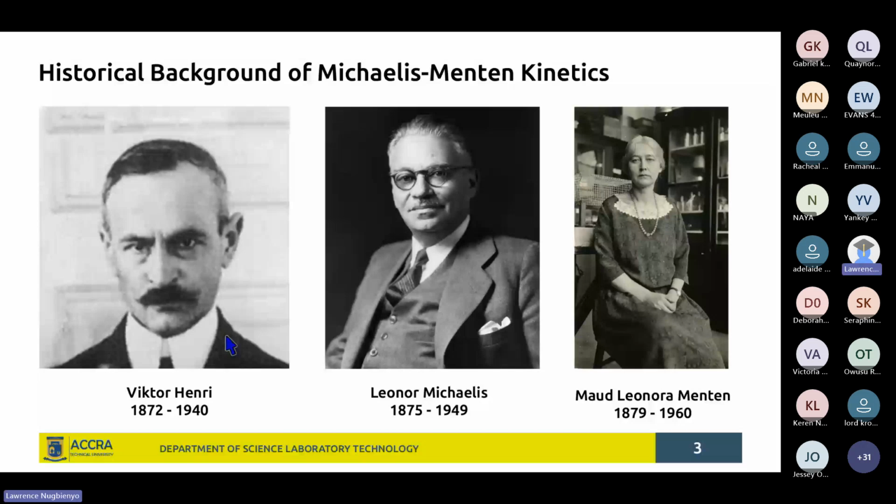And so to study the rate of this reaction and come up with a mathematical representation of how the concentration of the enzyme or the concentration of the sugar was related mathematically to the rate of reaction.